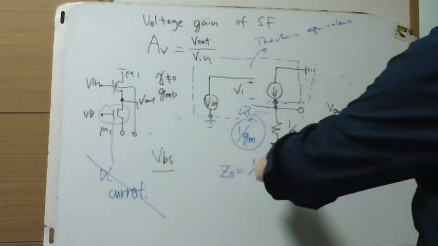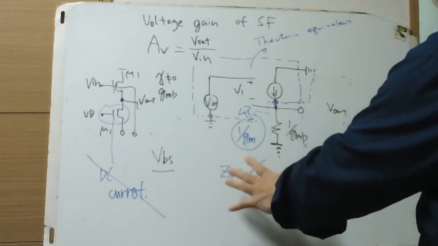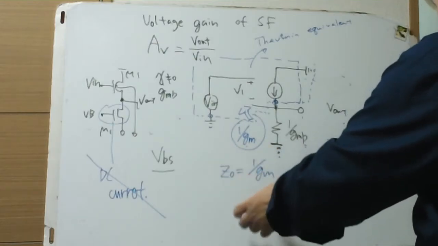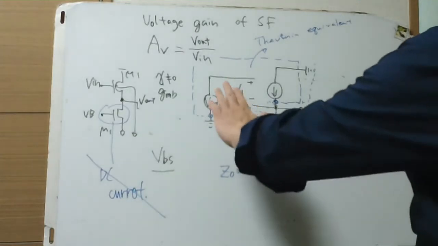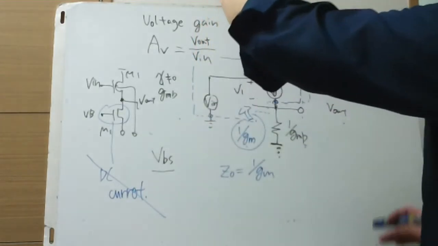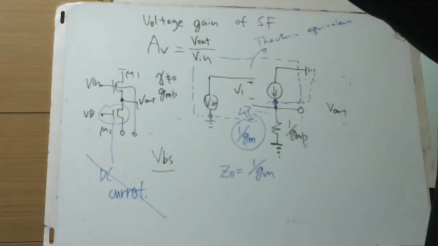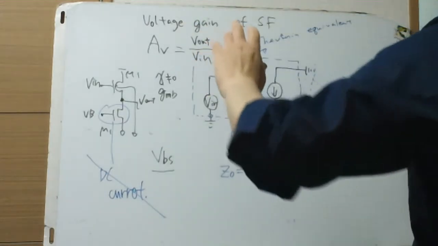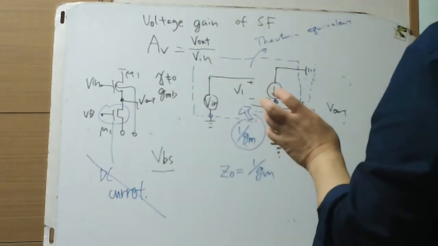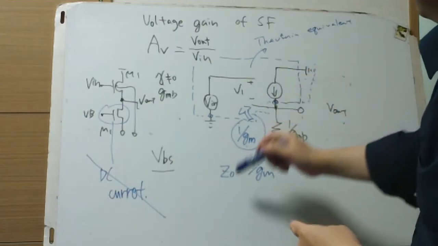When finding Z out, we remember that every source is shorted: the voltage source is shorted and the current source is open, and we find V0.